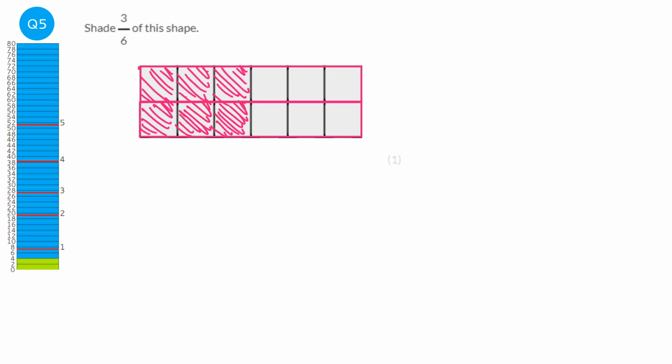And that's our answer. Now you might notice that 3 over 6 is the same as a half, because we can divide one by 3, and so all I need to do is shade in a half. Or you might convert 3 over 6 into 6 over 12, and there's 12 squares altogether, so it's 6 of the 12 squares. There's lots of ways of doing this question.